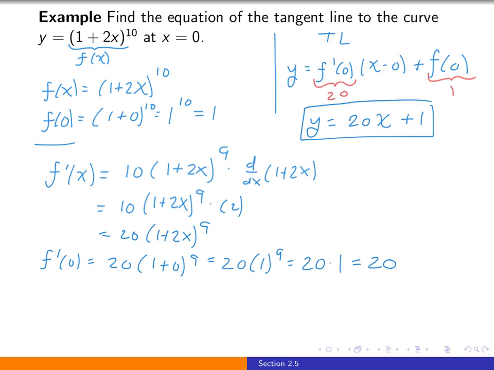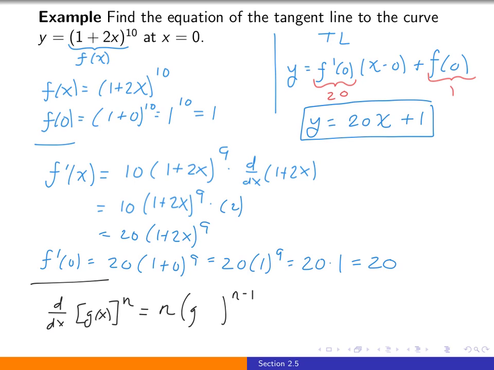Now, let me make an observation. In this problem a moment ago, we used the chain rule to differentiate something that was of the form g of x raised to a power n. Now, regardless of what that function g of x is, as long as we can differentiate it, we will do so using the chain rule. So you say you take the derivative of the outside, so n, and then the new power is n minus 1.